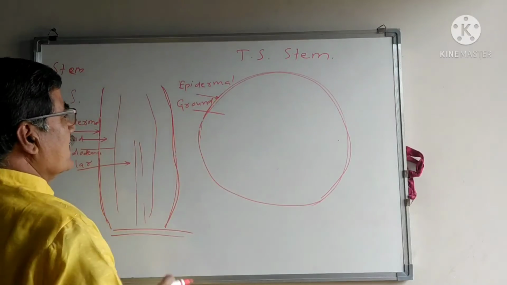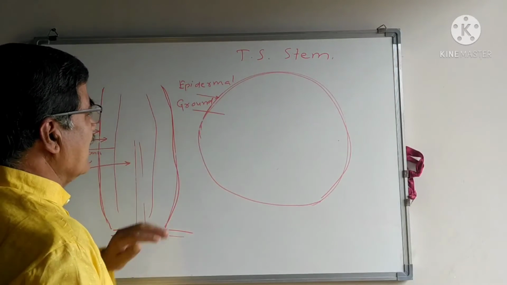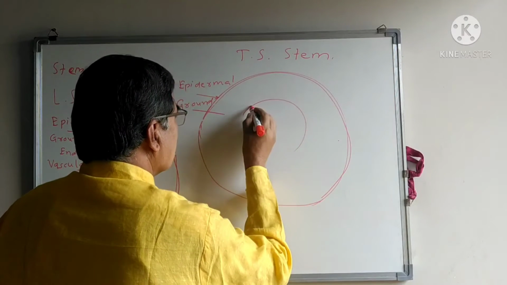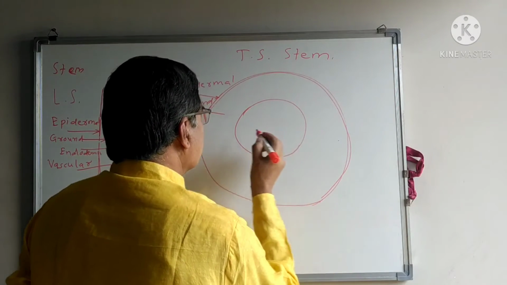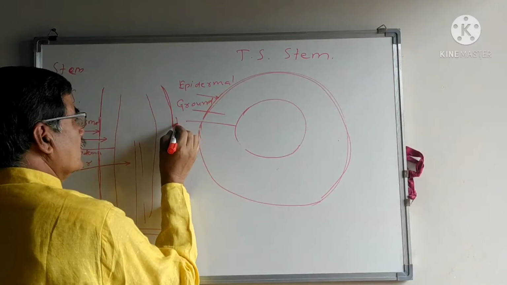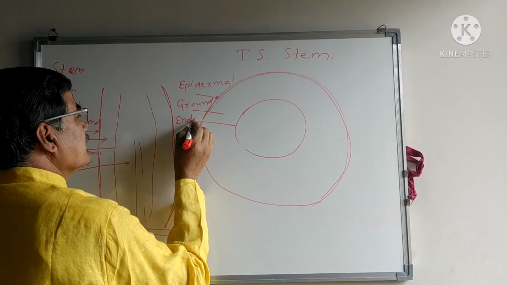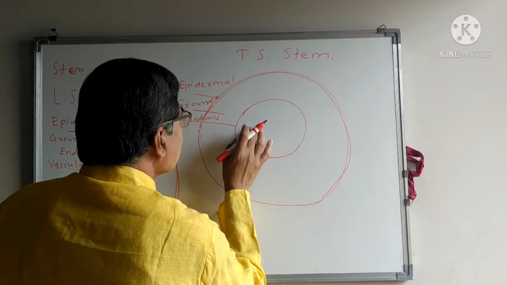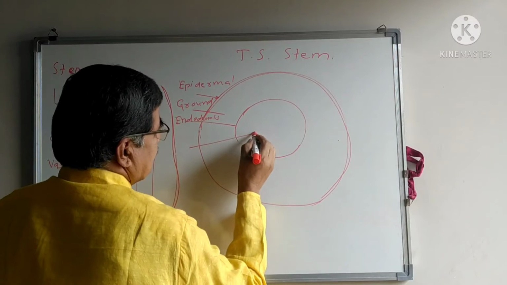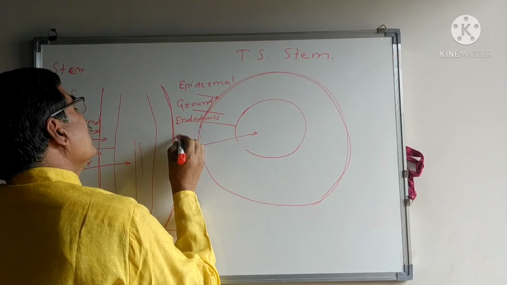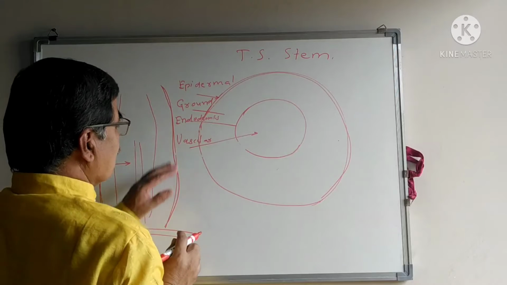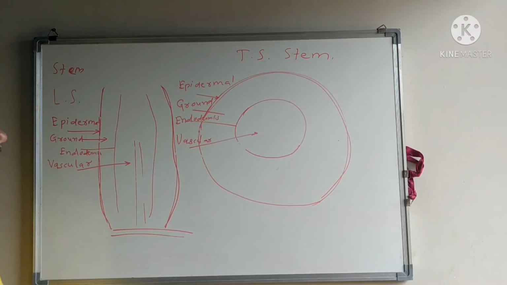Ground tissue is also known as the fundamental tissue. It is also known as the mechanical tissue. And this ground tissue ends in the endodermis. And inside the endodermis, centrally placed, are the vascular tissue systems. Vascular tissue system is also known as the conducting tissue.